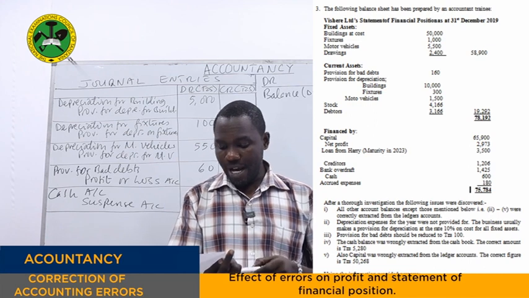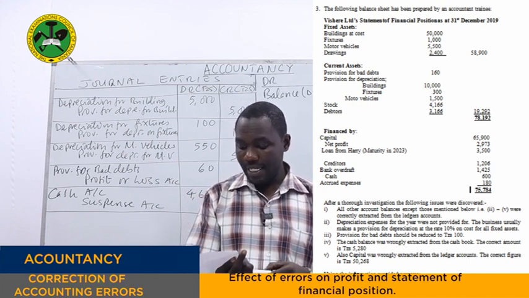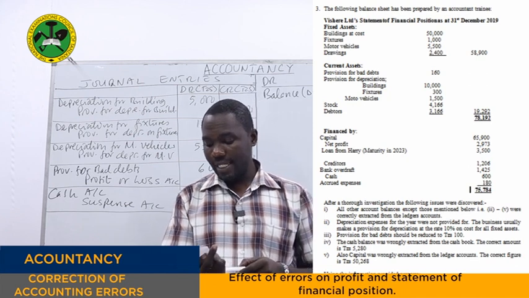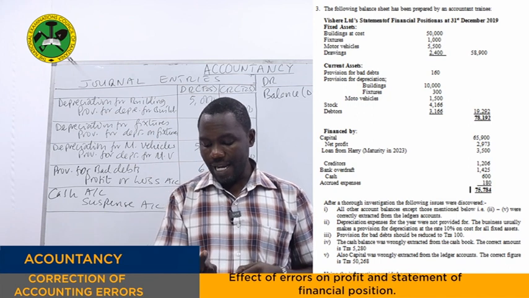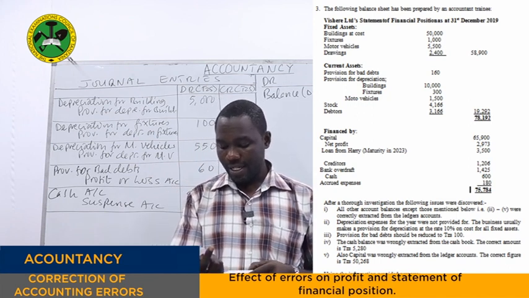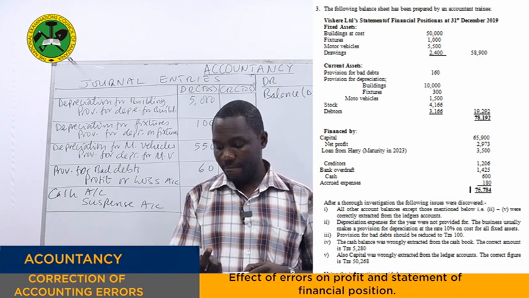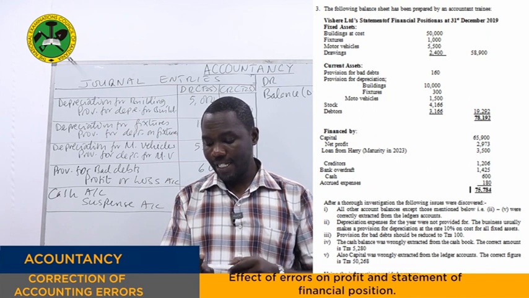If you go back to the balance sheet, we find that the capital was 65,900, but the balance that is supposed to be is only 50,268. This implies that it was overstated.